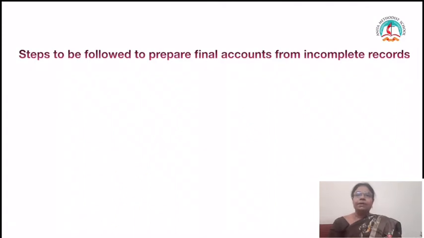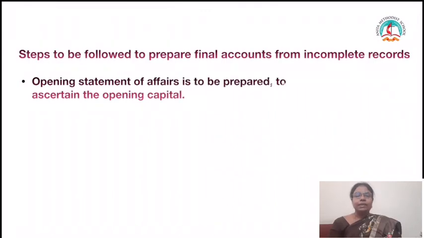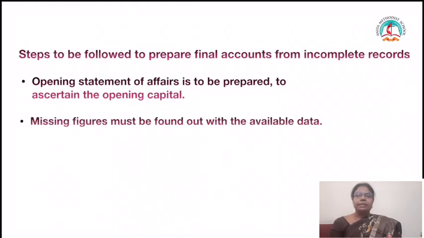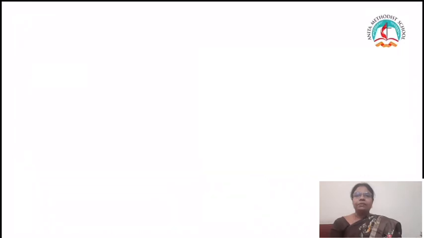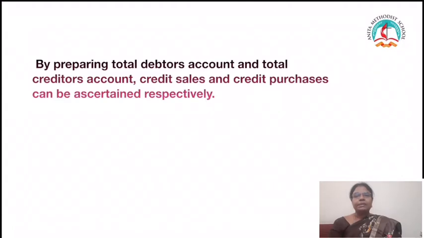Opening statement of affairs to be prepared to ascertain the opening capital. Missing figures must be found out with the available data. It may become necessary to prepare a cash book to find out missing items such as cash purchases, cash sales, etc. By preparing total debtors account and total creditors account, credit sales and credit purchases can be ascertained respectively.